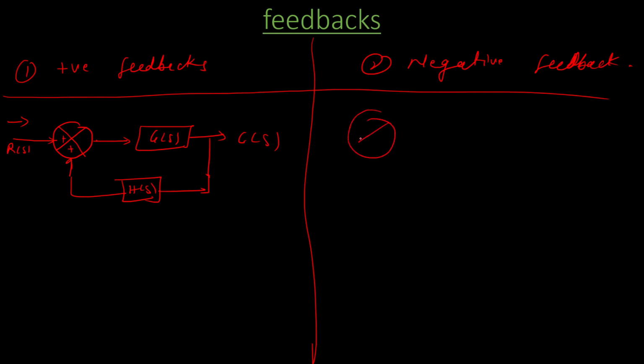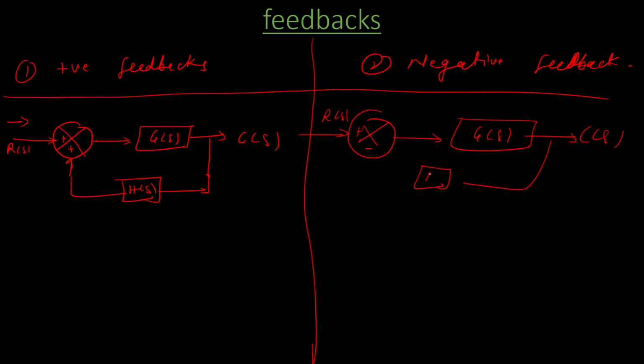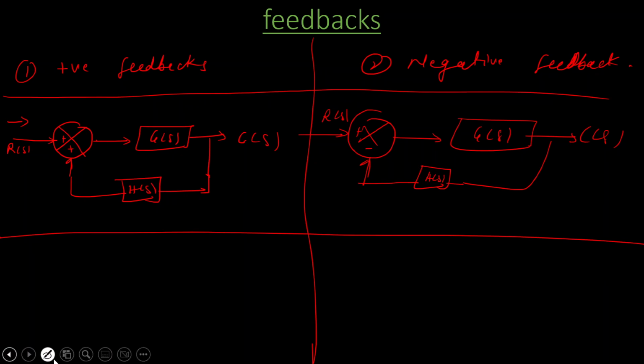So this is our negative feedback system, GS, CS, and this is our feedback HS, directly connected with the header through a negative sign. So in case of negative feedback, this sign will be negative, and in case of positive feedback, this sign will be positive.